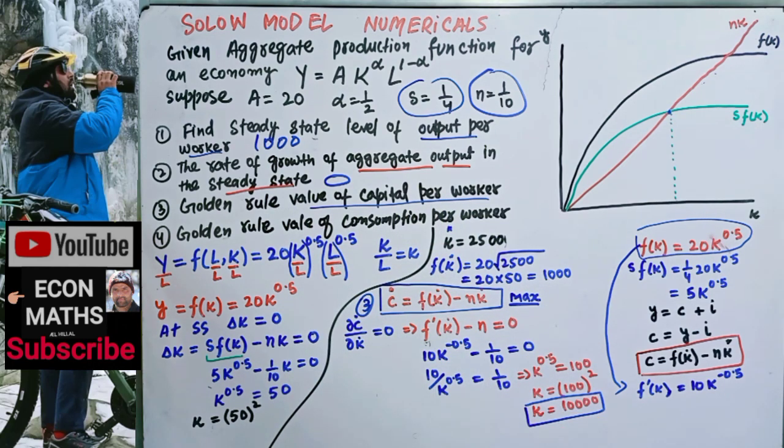Okay, here one thing is important. The condition for the golden rule level of capital per worker is simple.